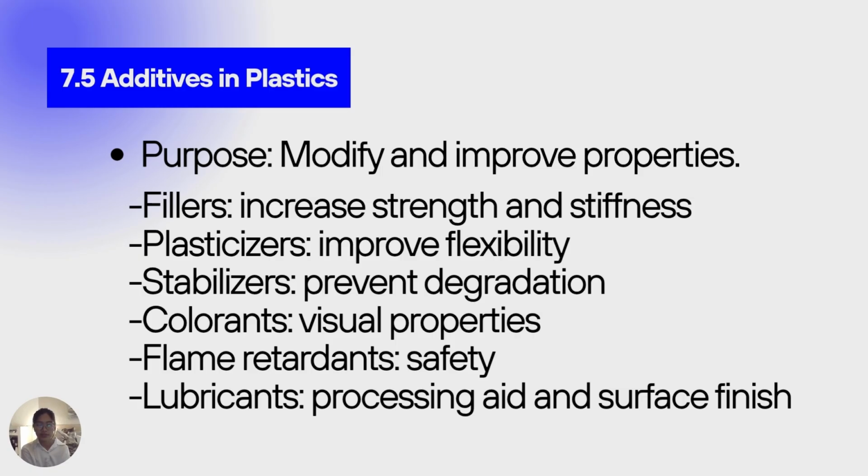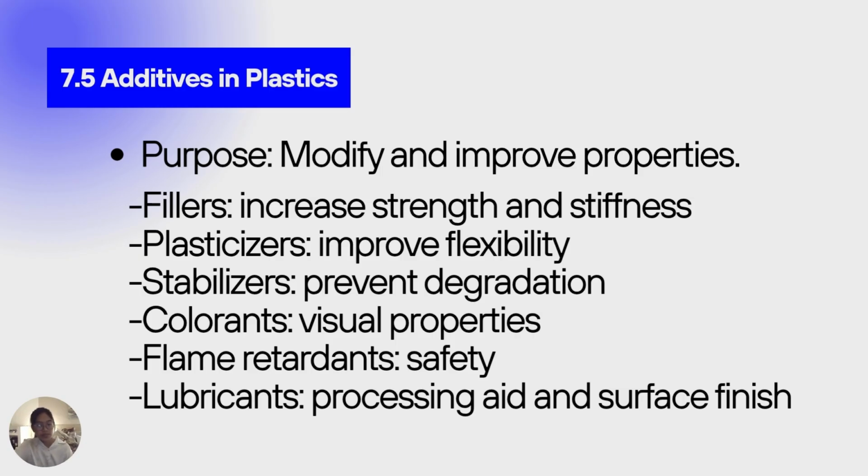And lastly, flame retardants prevent ignition or slow combustion in plastics used in electronics or construction. By carefully selecting additives, engineers can design polymers that perform optimally for their intended use. For example, UV-resistant PVC for outdoor pipes or fire-retardant ABS for electronics.